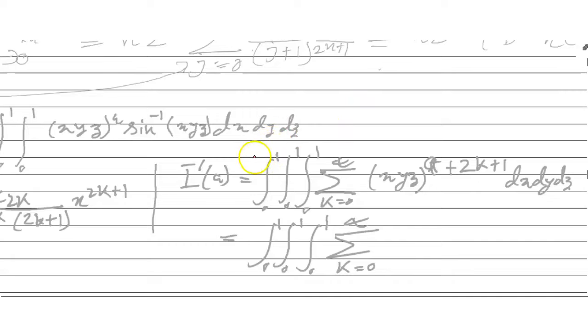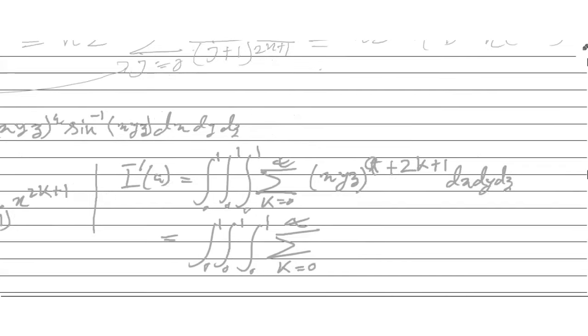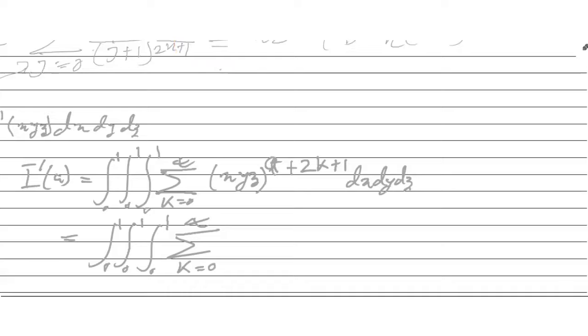another factor I have missed in here. It can be written as 2k c k divided by 4 to the power k into 2k plus 1. It can be written this way.